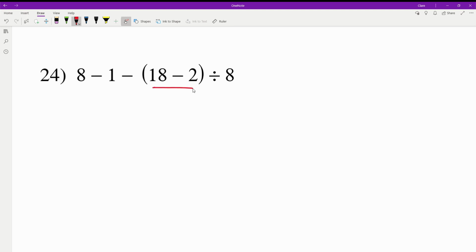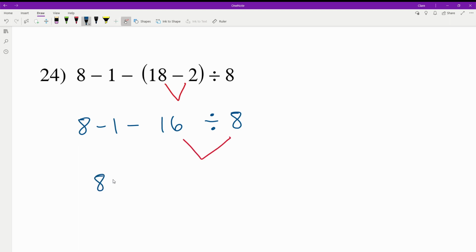Parentheses comes first, so 18 minus 2 is what we'll do. So I'll rewrite 8 minus 1 minus 18 minus 2, that's going to be 16, because 18 minus 2 gives us 16, and then we'll divide that by 8. Now, if all I have left is subtraction and division, we're going to do the division first. So 16 divided by 8 is going to give us 2.